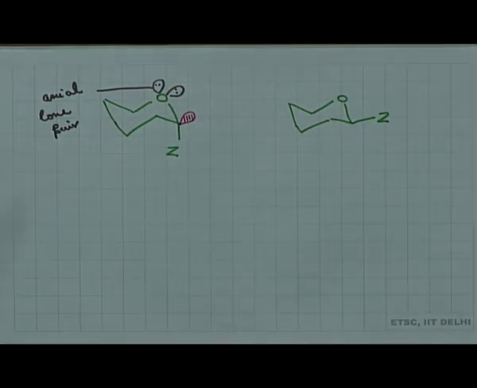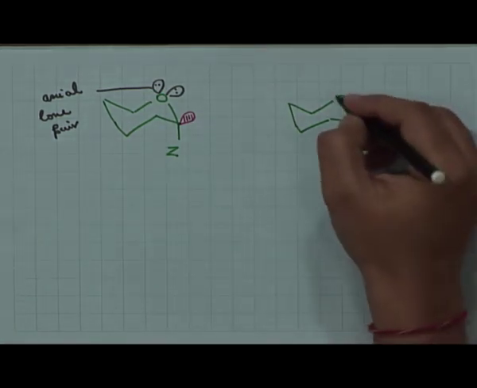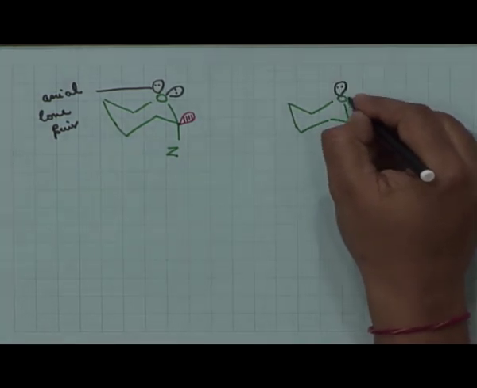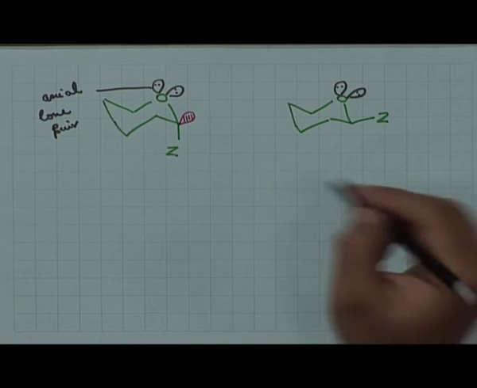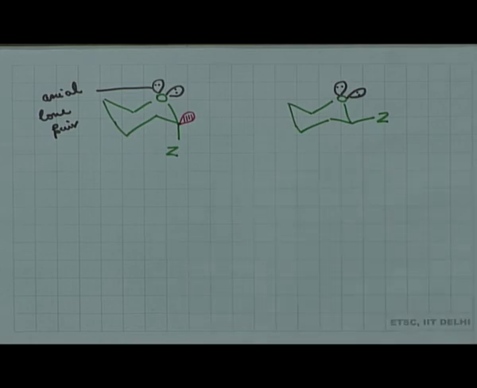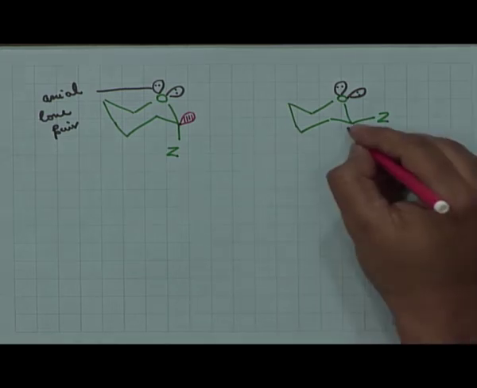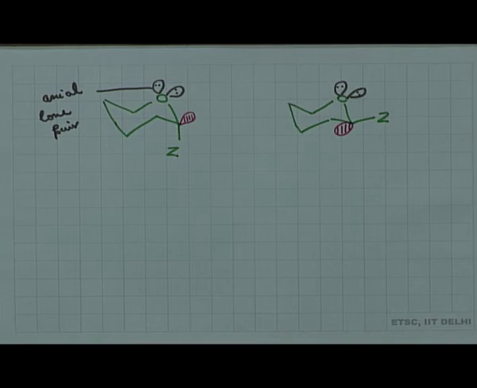Similarly, I will draw the orbitals of the equatorial attached structure. In the equatorial attached structure, the anti-bonding empty orbital is not parallel to the lone pair orbitals.